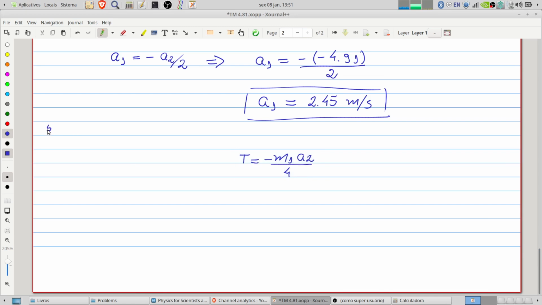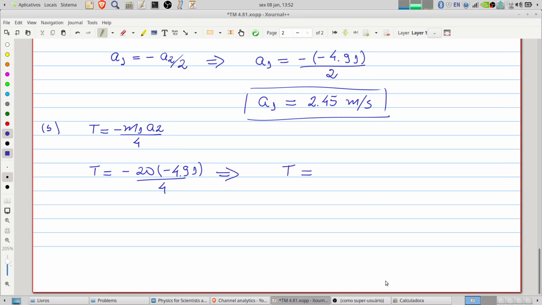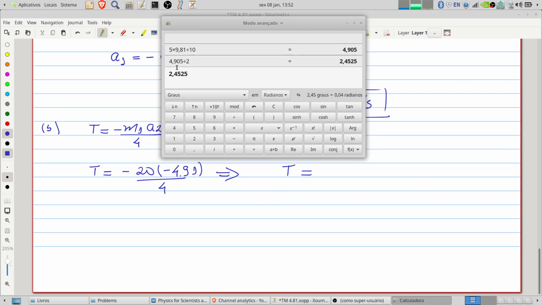Item B, tension equals minus 20 multiplied by minus 4.91 divided by 4, that is, tension will be 4.91 times 20 divided by 4.